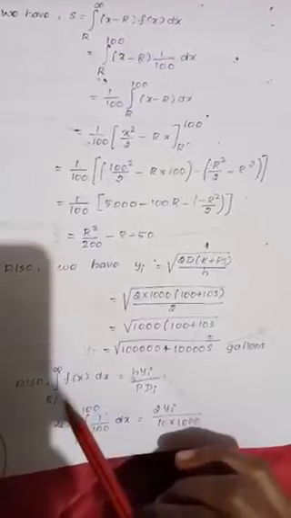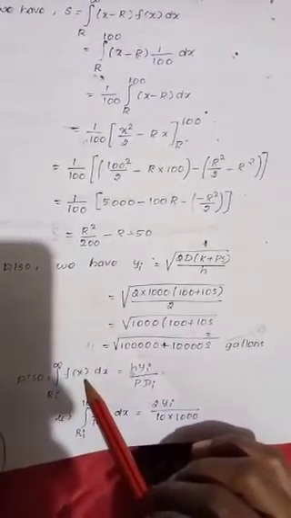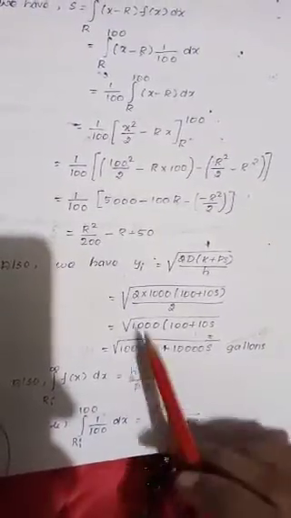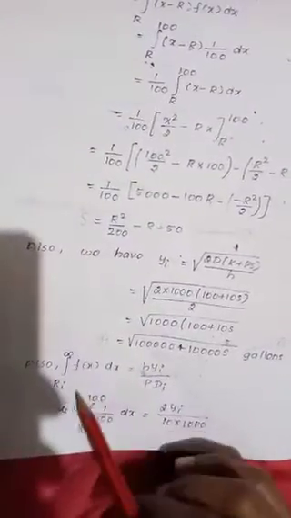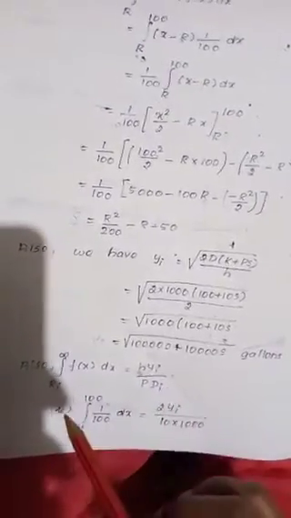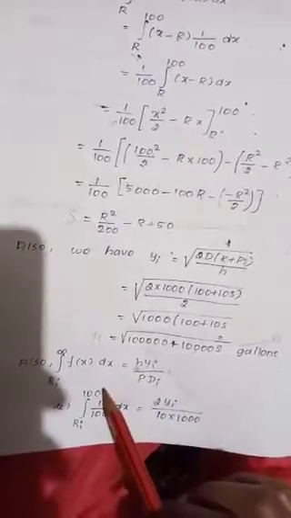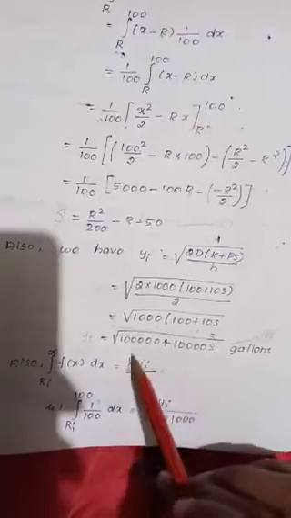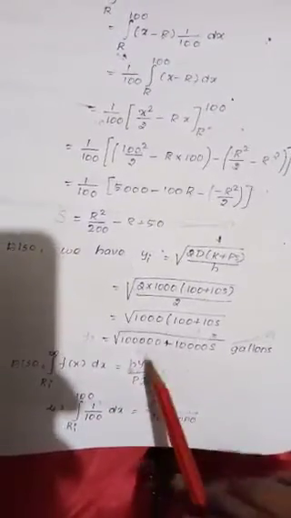Also, integral r_i to infinity f(x) dx is equal to h y_i by p D. We saw this earlier and noted it as equation number 2. That is, integral r_i to 100 f(x), with value 1 by 100, dx is equal to h 2 y_i by p value 10 into D value 1000.